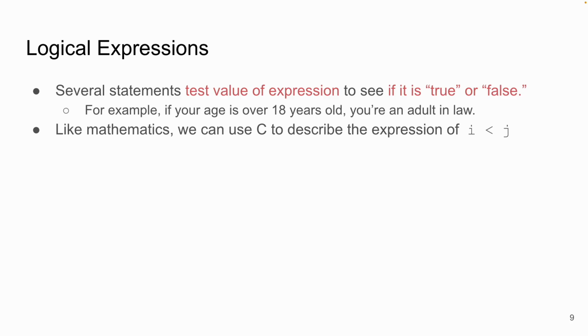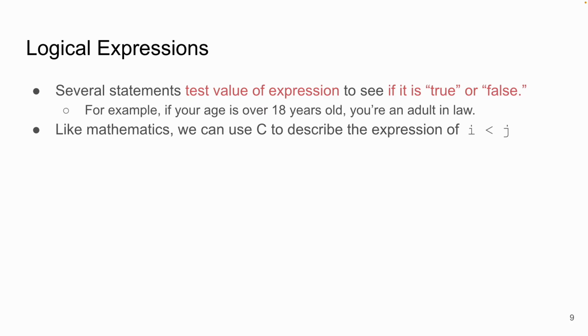For example, in our code, we might want to determine whether the age input by the user is over 18 years old or less than 18 years old, so that we can know whether the user is an adult or not, right?